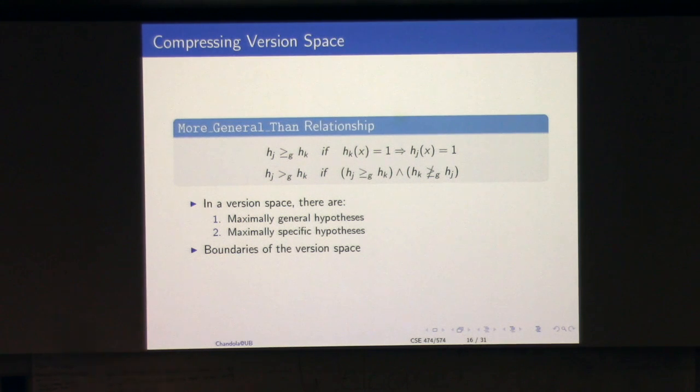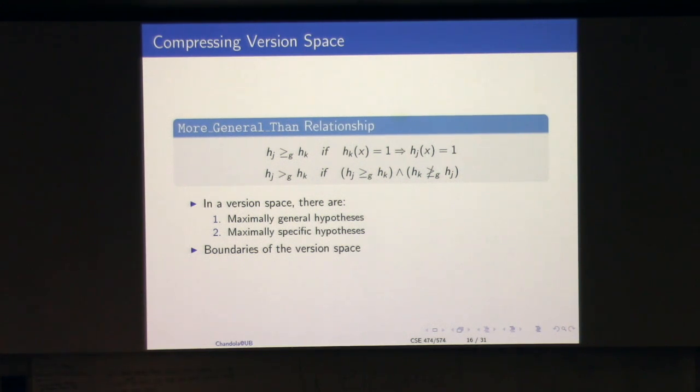The role of a hypothesis is that it is going to call some objects as positive or malignant and some as benign. Another hypothesis would be more general than this one if it covers everything that this one calls as positive and a few more, right? So it's kind of easy to understand. The same way you can define a more specific relationship as well.